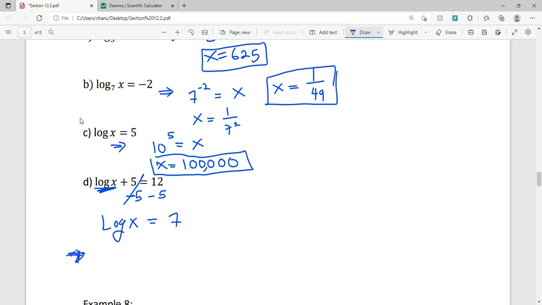The base is 10 because log implies a base of 10. 10 to the 7th is equal to x, and that means x is equal to 1 with 7 zeros after it. And this is 10 million. X is equal to 10 million.